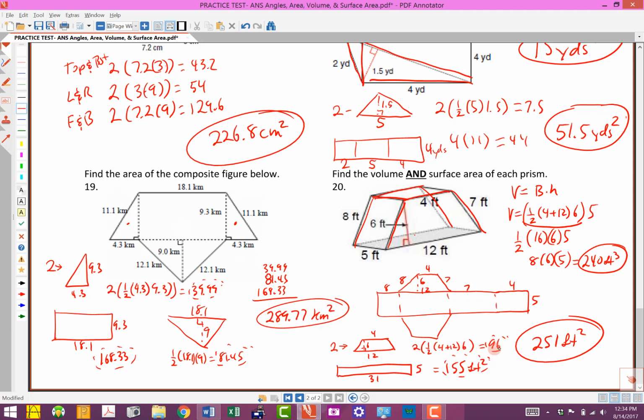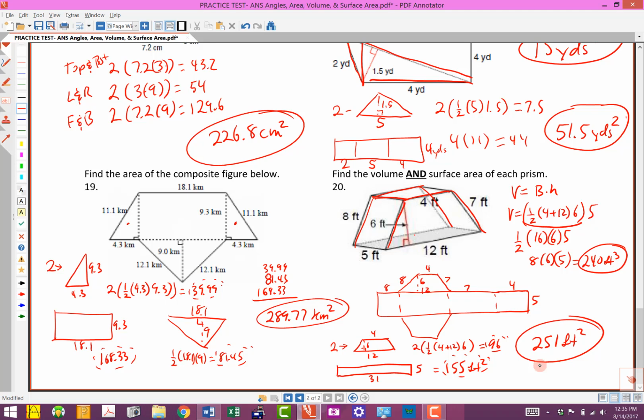We get 2 of those, so we get 96 right here. And then if you add up how far it is all the way around that trapezoid, we get 8 and 12 and 7 and 4. So when we multiply those together with how wide that side piece is, we get 151 square feet. So we add the 2 of those together, we get 251 square feet.